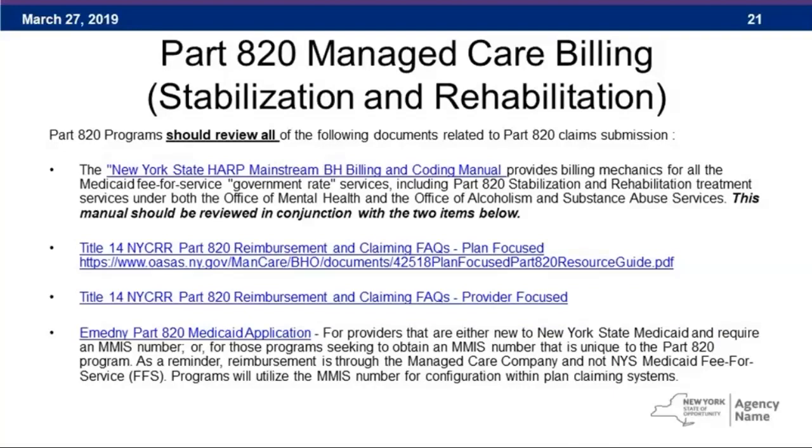It's important to recognize that where the state was able to standardize data elements on those claims, we have. That includes, but is not limited to, the rate codes that are assigned to the different stabilization elements, the modifiers that are assigned to those, as well as the HCPCS and CPT codes.